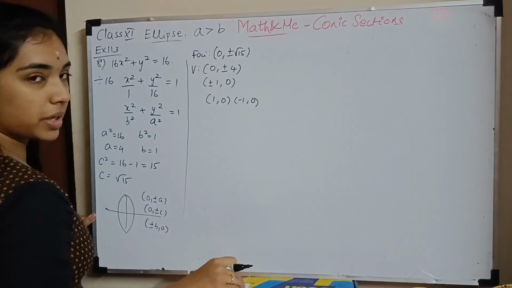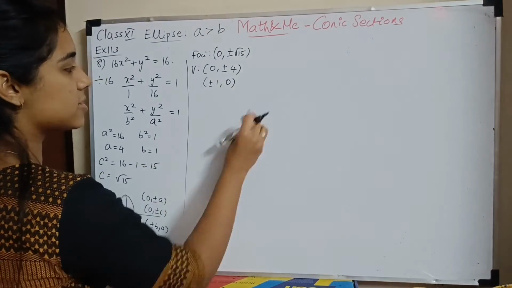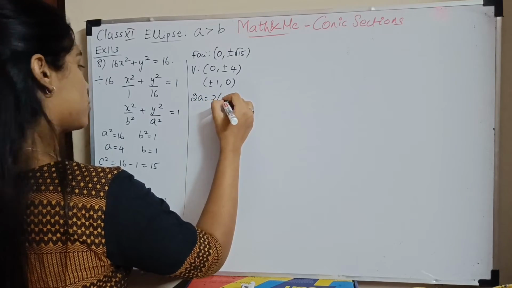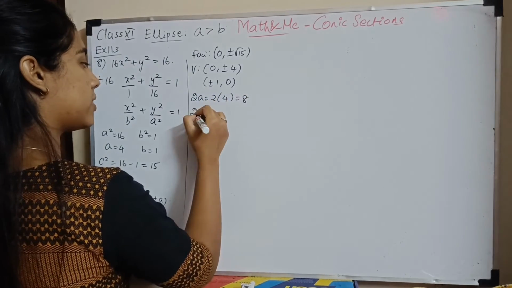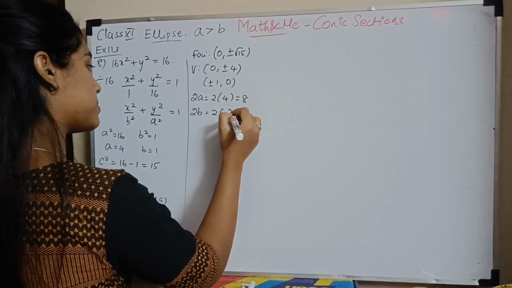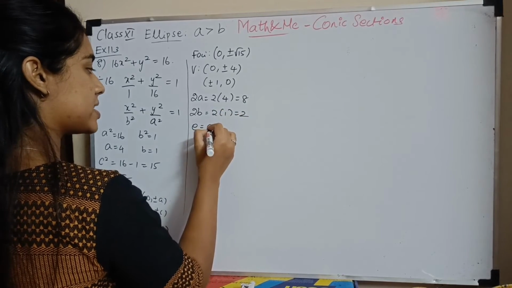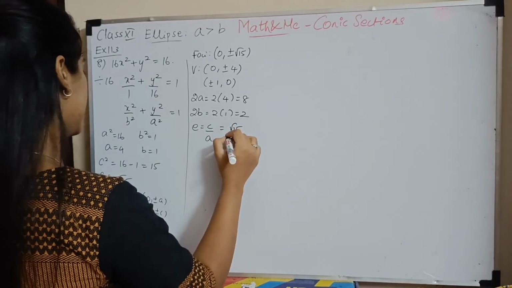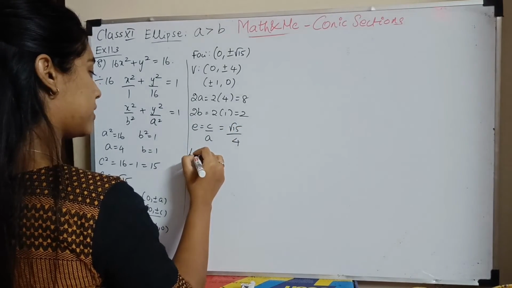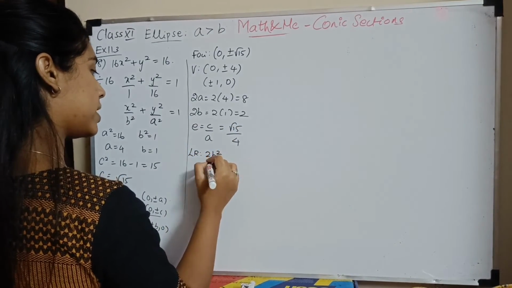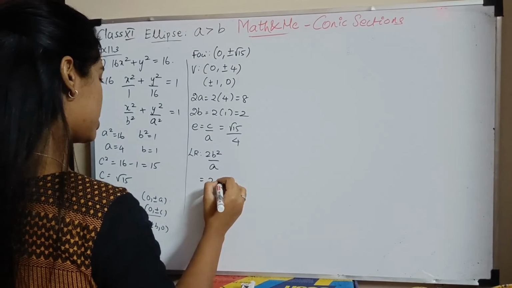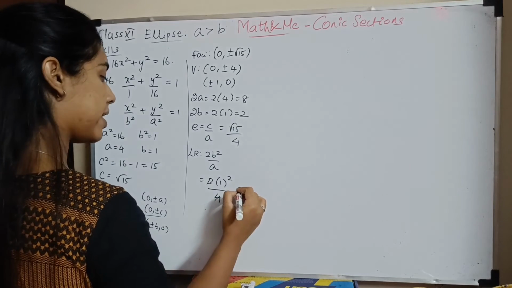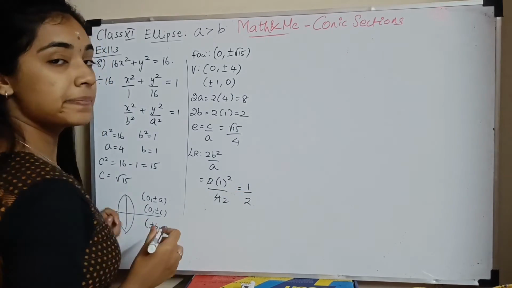I consolidate that and take the coordinates together. Okay, that is the difference. Then the length of the major axis is 2a, which is 2 times 4, 8. Length of the minor axis is 2b, which is 2 times 1, which is 2. Eccentricity is c by a, which is root 15 divided by 4. Length of the latus rectum is 2b square divided by a, which is 2 times 1 square divided by 4. So I have 1 by 2. Okay.